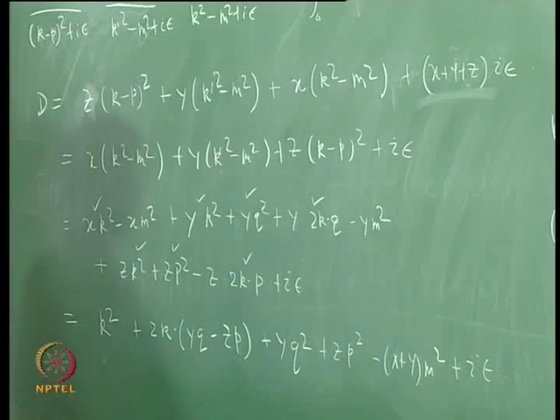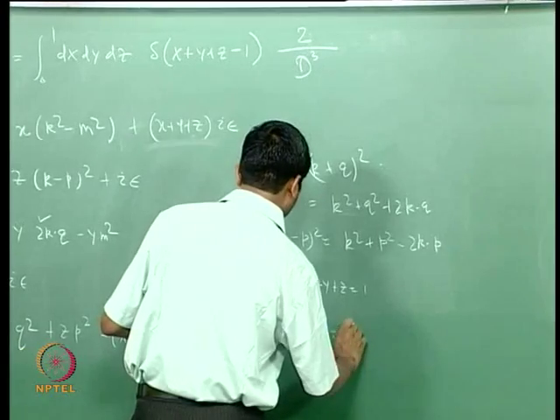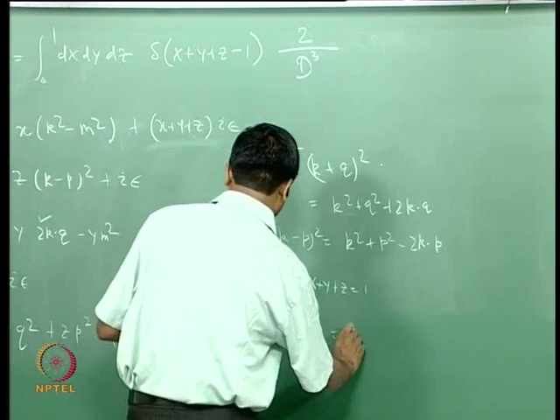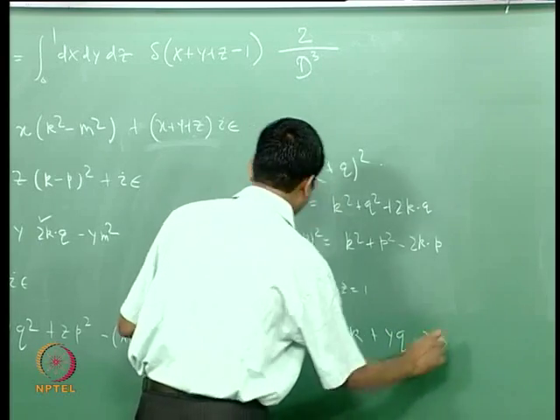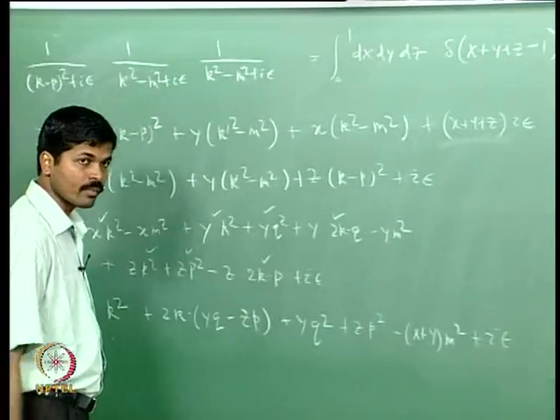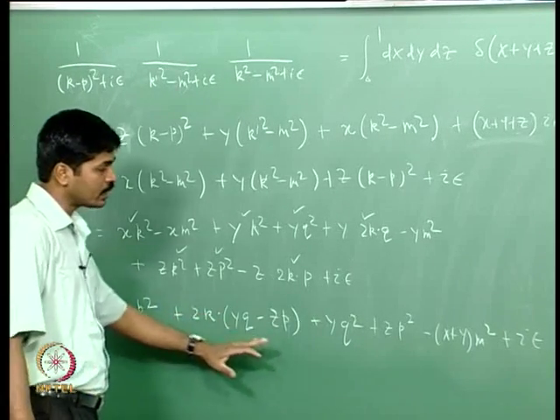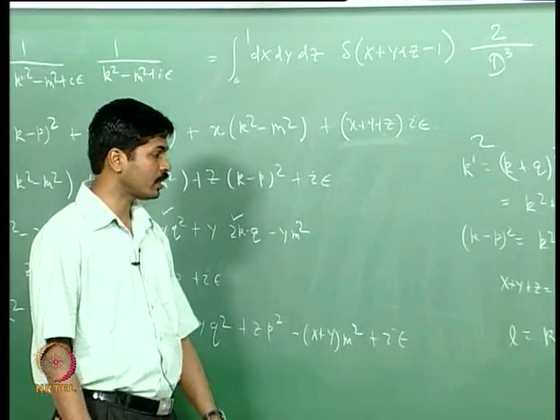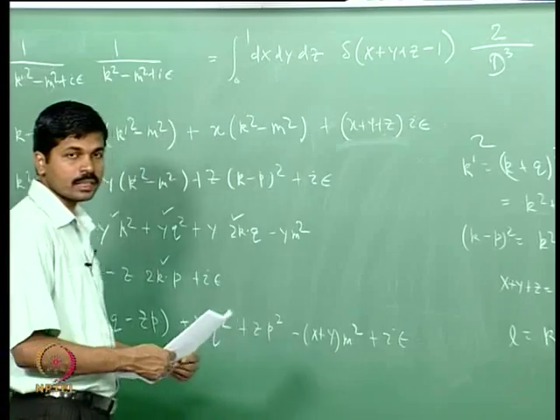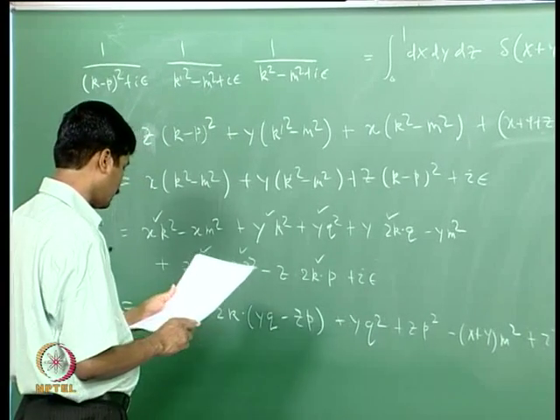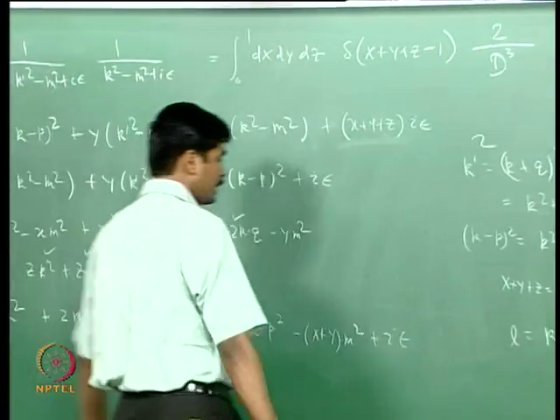To complete this square, I will introduce L equal to k plus y q minus z p, and then this will be L square and some quantity which is independent of L. So, the integration variable I can change from k to L. Let us do that.